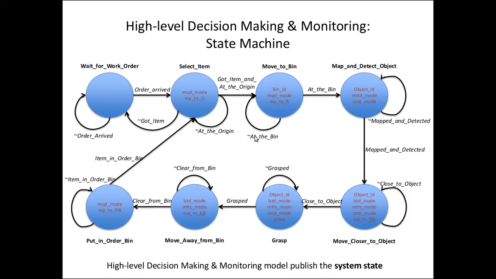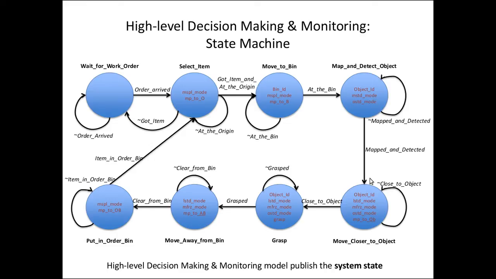But when this flag, at the bin, is true, the state machine moves to this next state, which is the map and detect object state. In this state, the state machine will publish that information and will wait until the bin is mapped and the object has been detected. When both things occur, it moves to the next state. While one or both of these conditions are not true, the state machine stays in the same state.